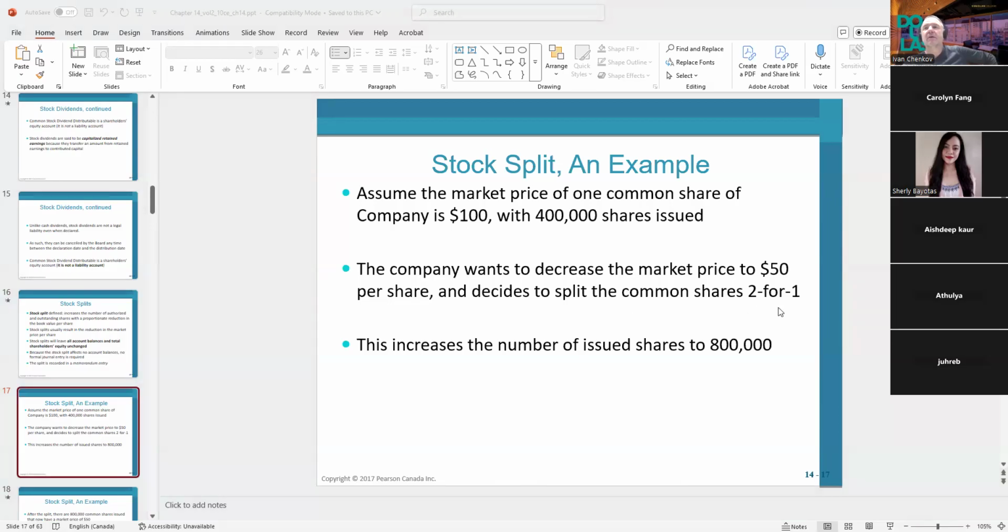So what they have to do is split it so that for every share you get two. What's going to happen? Most likely, the market price is going to go down to $50. Again, it's questionable, but that's what we're chasing. The number of outstanding shares definitely is going to increase.